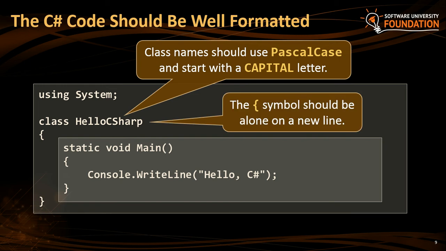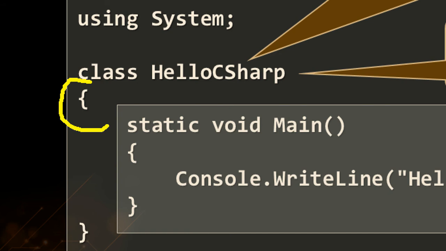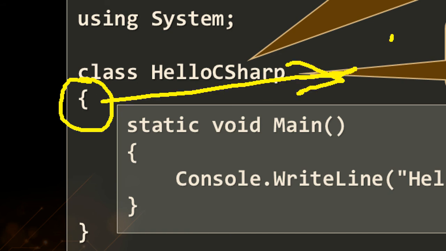This bracket stays on the next line. Why do I say this? Because if you use other languages like Java and JavaScript, they will say, please move this here. This is just a different style of formatting. And it's a big dispute between Java and C# developers, which is correct.